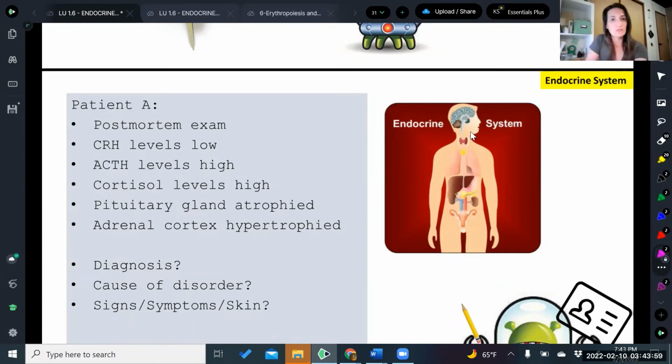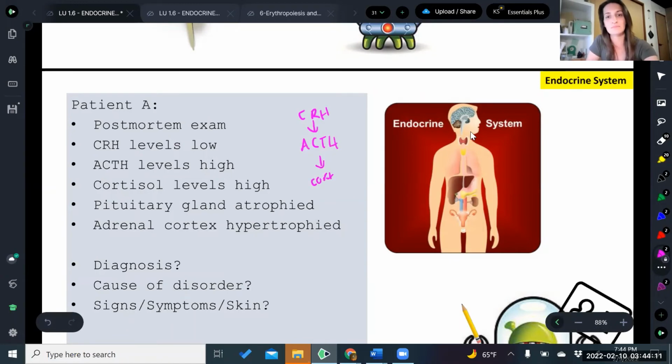So let's look at what that axis is telling us in terms of the information. CRH, our ACTH, and then our cortisol. We find that this individual has low levels of CRH, high levels of ACTH, and high levels of cortisol, right?